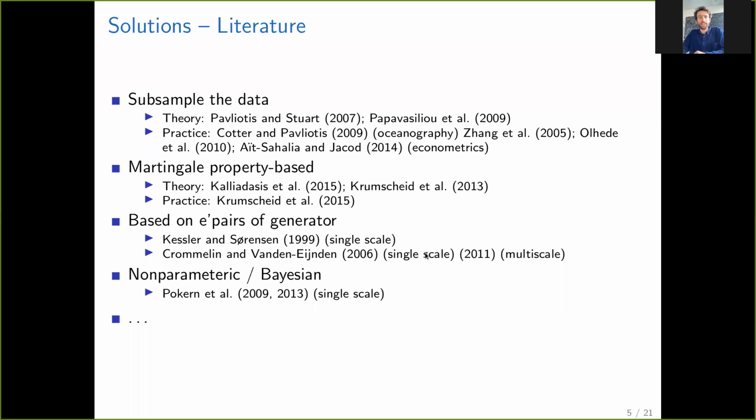There is a work by Kessler and Sorensen, and another one by Comlin and Van den Einden. Actually, the same authors propose a method that works as well in the multiscale case. There is also some work for the non-parametric case, which is achieved by Bayesian regularization. These have been mostly in the single scale case, and they've been developed by Ivo Pokern, Andrew Stewart, and collaborators.